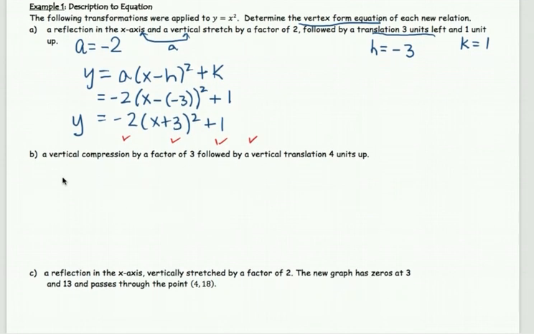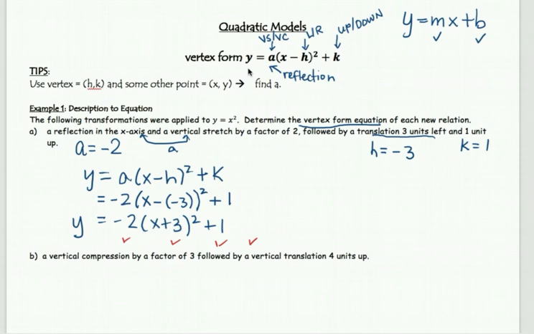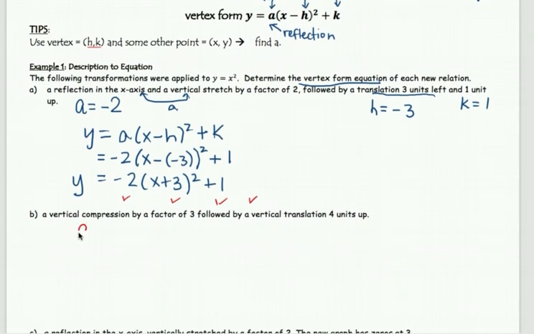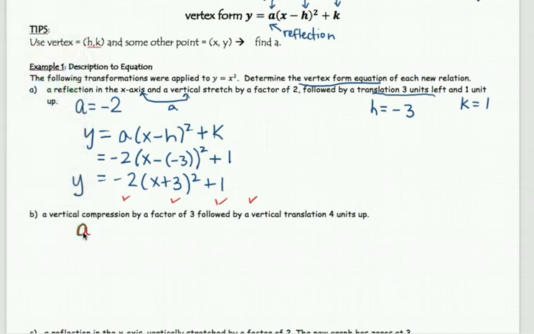We have a vertical compression by a factor of 3. Where are the stretch and compression? Well, it's the A value. We know it's a factor of 3. Remember when it's compression, you always flip the fraction.